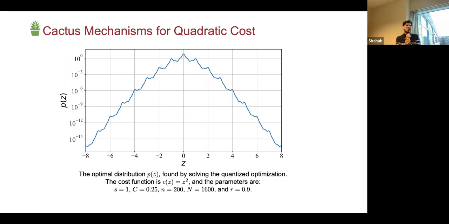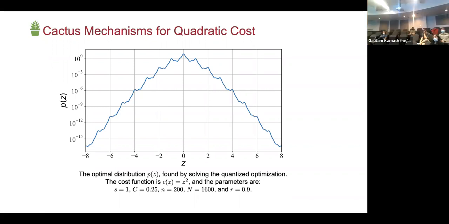What you can see is that this distribution is totally different from Gaussian. If you remember, the Gaussian density is monotonic on the positive half, but this is not monotonic. It goes down and then comes up, and there's a peak here, and then again goes down. There's a peak here. So it's definitely not monotonic.